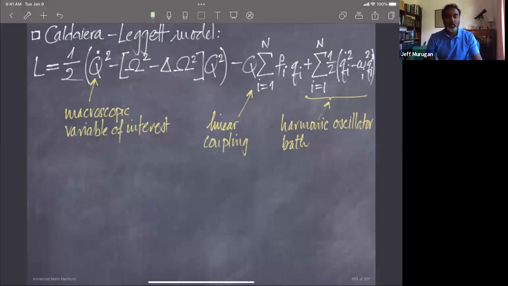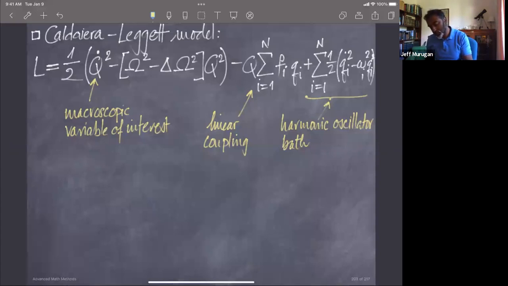So the model clearly consists of some macroscopic variable, Q of t, interacting with a bath of oscillators. Now, this Q of t looks like it's some kind of harmonic variable as well, right? It's got a Q dot squared and something times Q squared in much the same way that the little q's have, except the frequency here is a little bit funny.